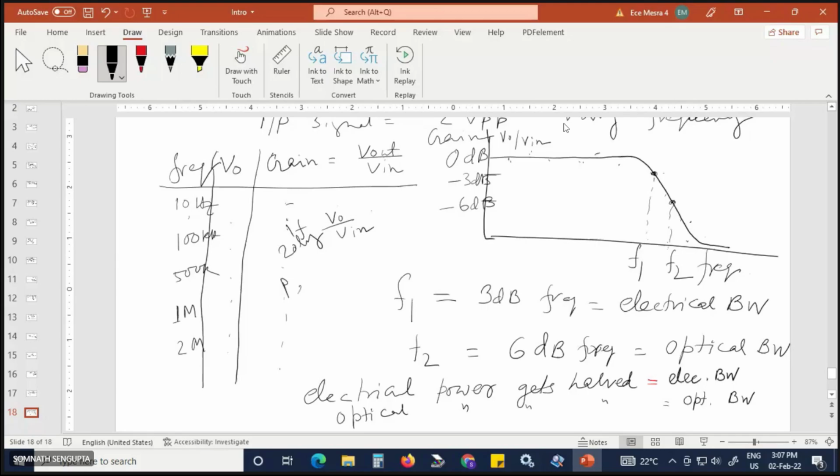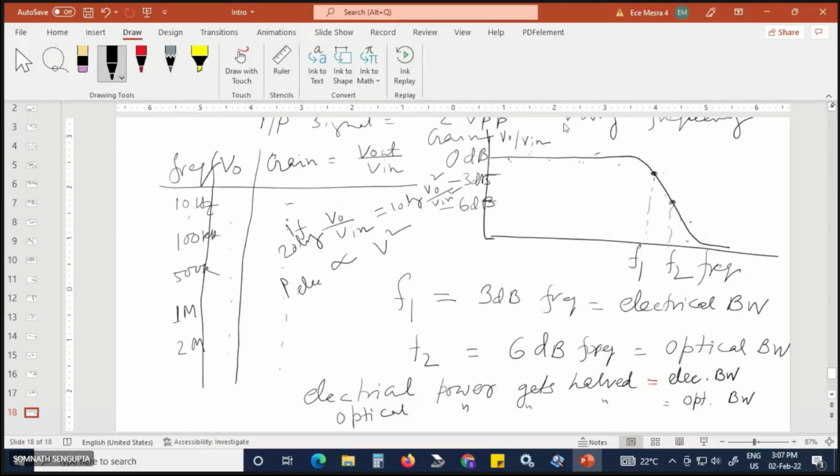P electrical actually varies as voltage square. So 20 log of V out by V in is actually 10 log of V output square by V in square.